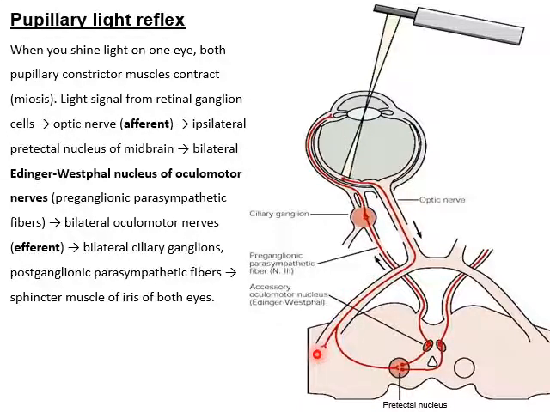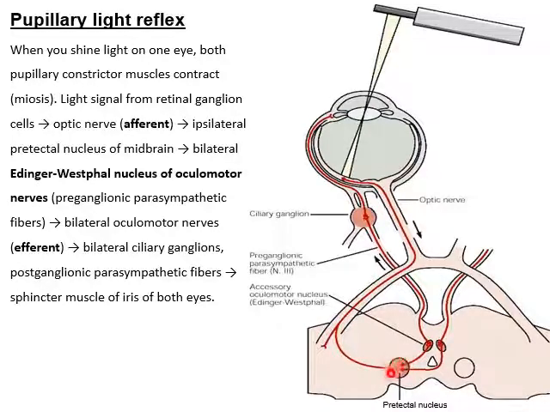But it does not reach the lateral geniculate body. These fibers of the pupillary light reflex bifurcate and go directly to the pretectal nucleus, which is present in the midbrain on the same side. So it reaches the ipsilateral pretectal nucleus of the midbrain.